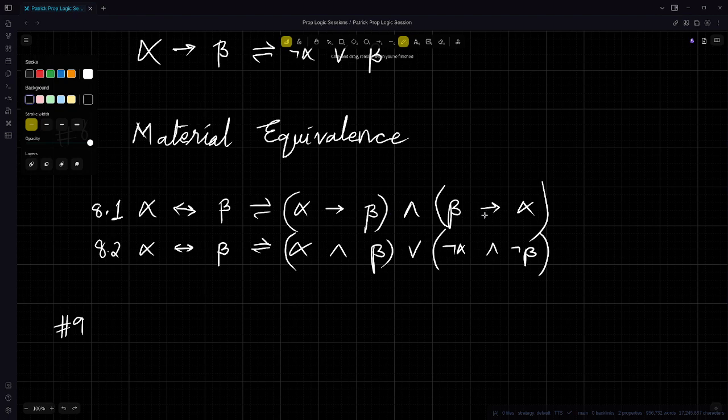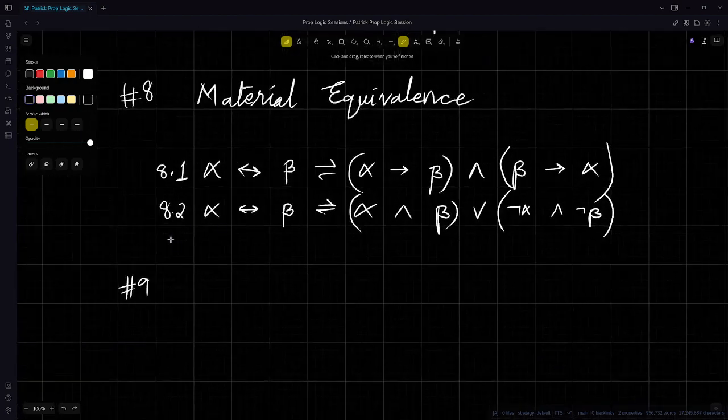Would it be commutativity? Yes, that'll be commutativity. Conjunctions and disjunctions are commutative, so you can flip either of them around and it'll be the same. Cool, you're getting it.